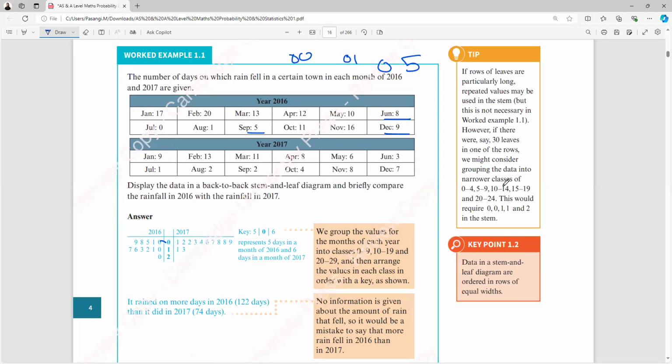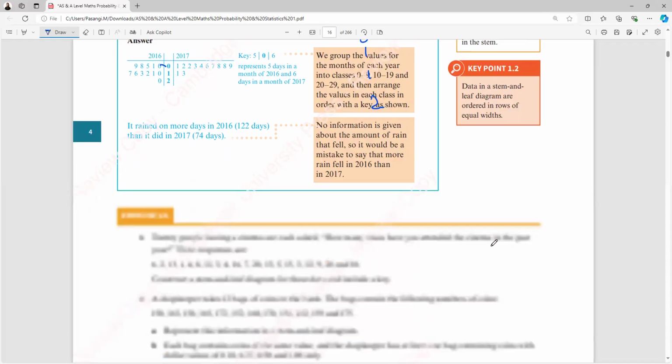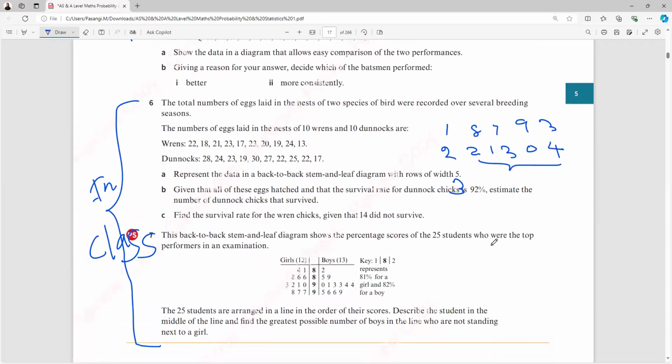Then they say to consider a width of 5 each. And 20 to 24 would require 0, 0, 1, 1. Then we do multiple rows: 0, 0, 1, 1, 2. Likewise, we represent the stems twice. That's what they have mentioned there.